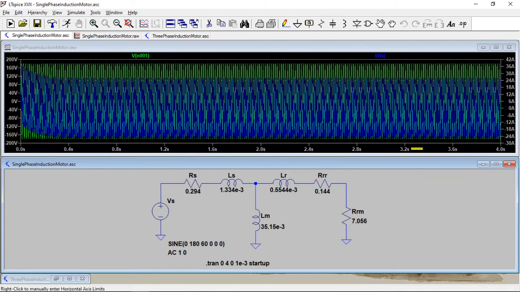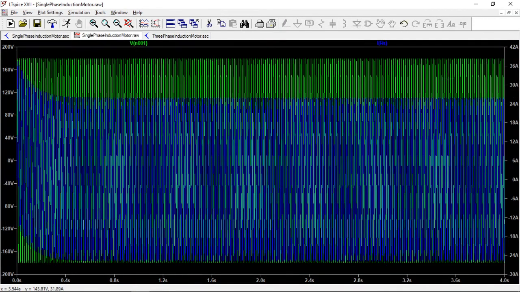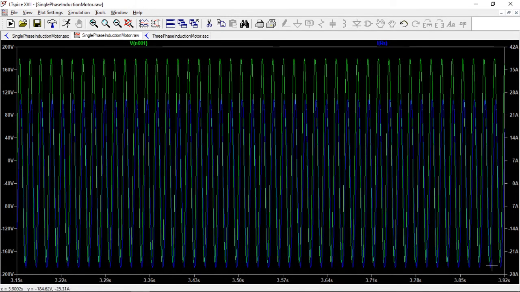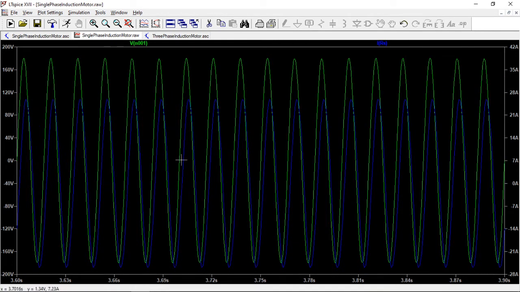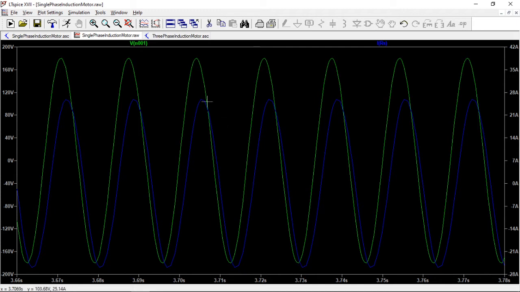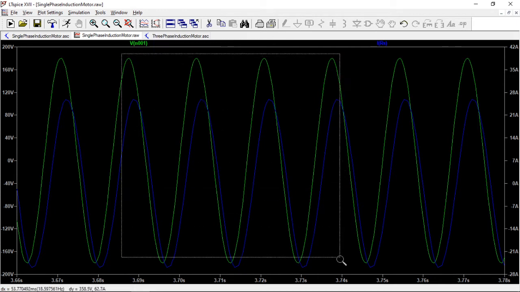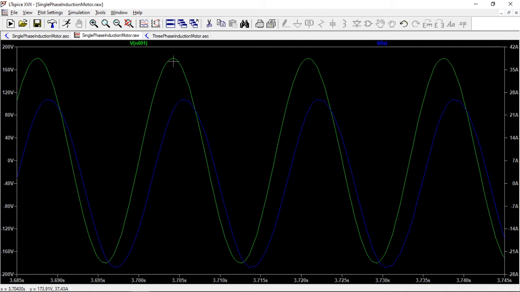So the current's here, and what I'm going to do is make this bigger. Okay, and let's go over here, a little bit more. All right, and if I just expand it even more, notice what we see is basically the voltage here, the line voltage, which is the 127 volts RMS, and here's the actual current.